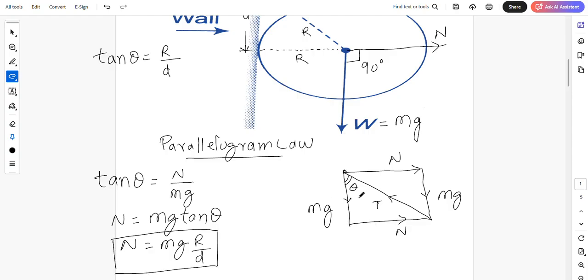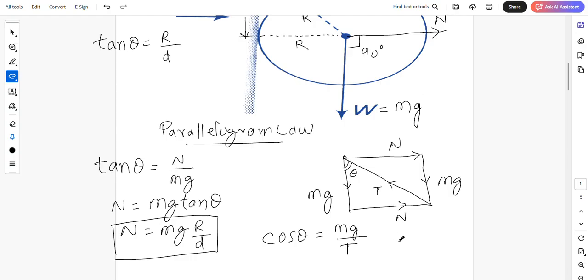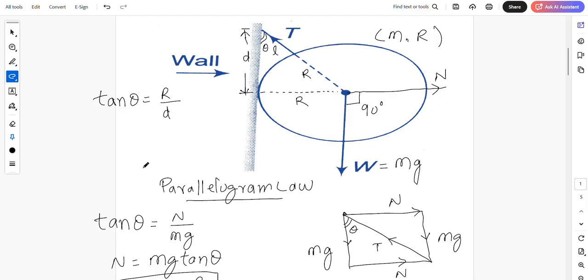Now let us find the tension. Let us find cos theta. Cos theta is equal to adjacent by hypotenuse, that is base by hypotenuse. Therefore I can write T is equal to mg by cos theta. What is cos theta?